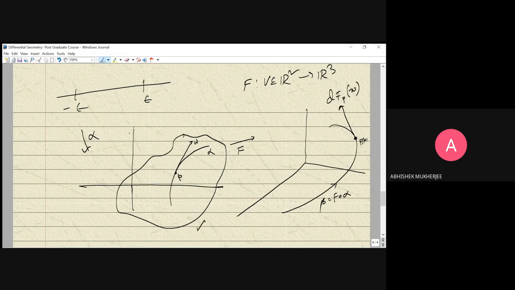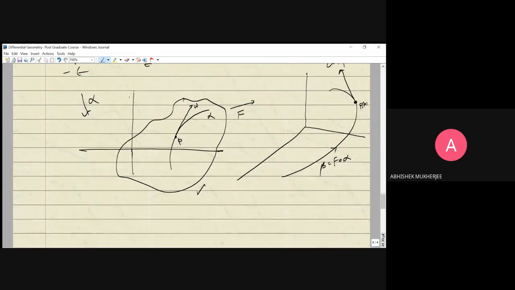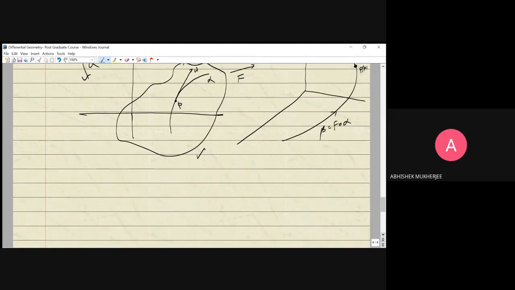This is your V. So tangent vectors go to tangent vectors, right? So dFp will be a map from the set of tangent vectors to the set of tangent vectors in R3.